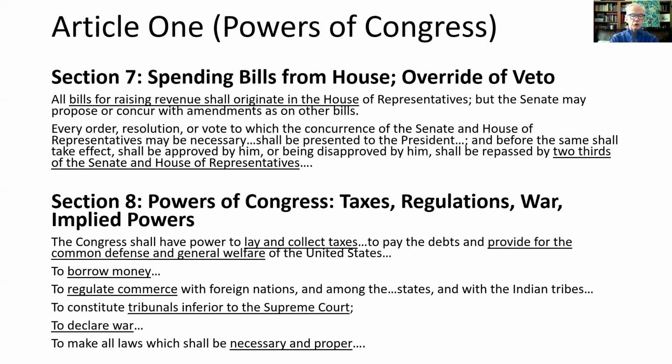Congress has the right to declare war, and to make all laws which will be necessary and proper for the correct working of the government. So these are enumerated powers that are restricted to Congress and to the federal level of government.